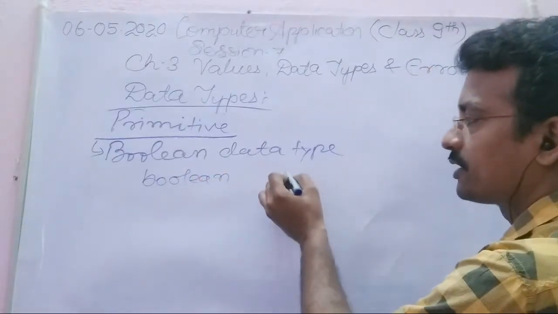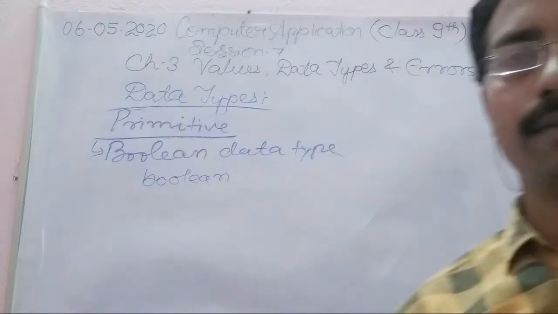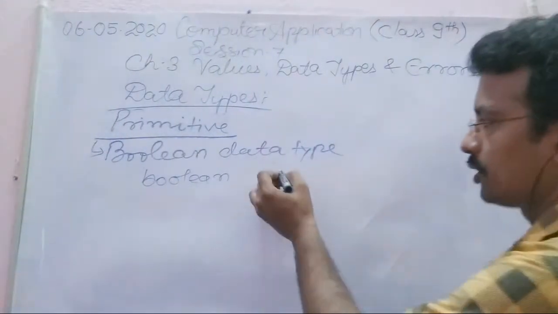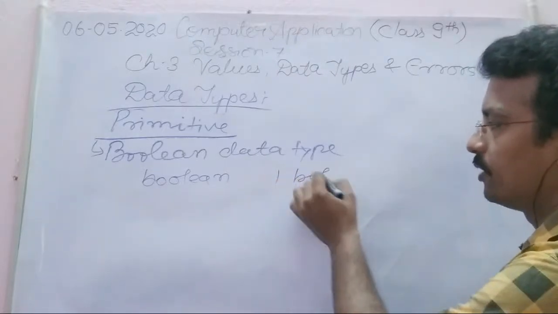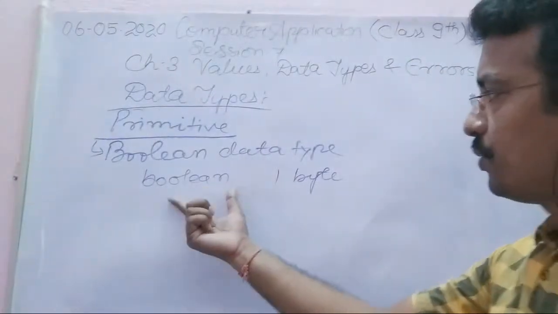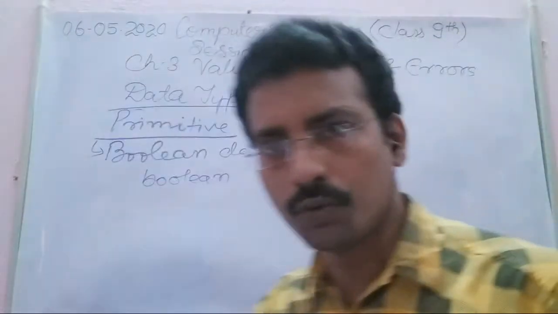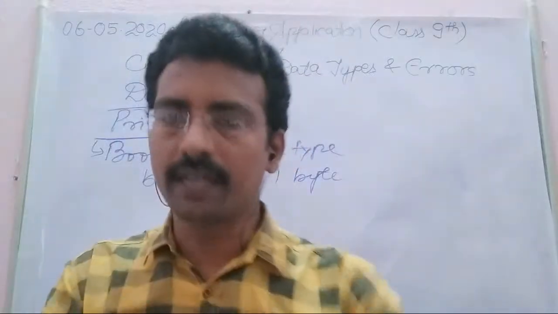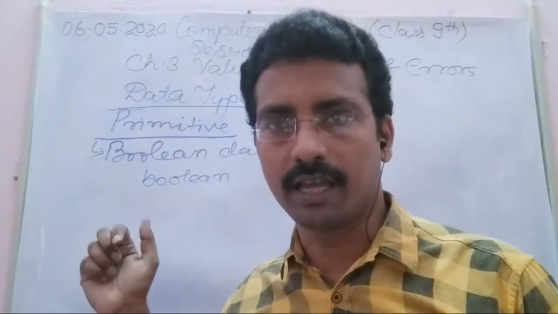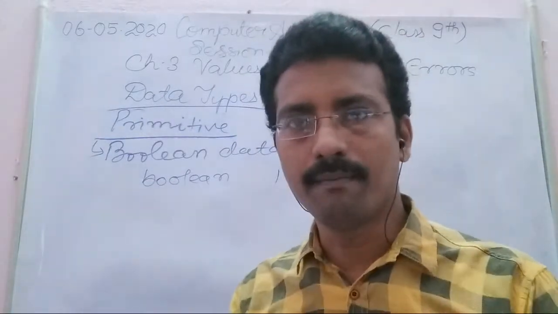And how much space does Boolean take in memory? You have done this in 8th class. It takes 1 byte of memory space. Means when you use a Boolean value, which means a true or false value, and you create a variable of Boolean type, it will take 1 byte of space in the memory area.